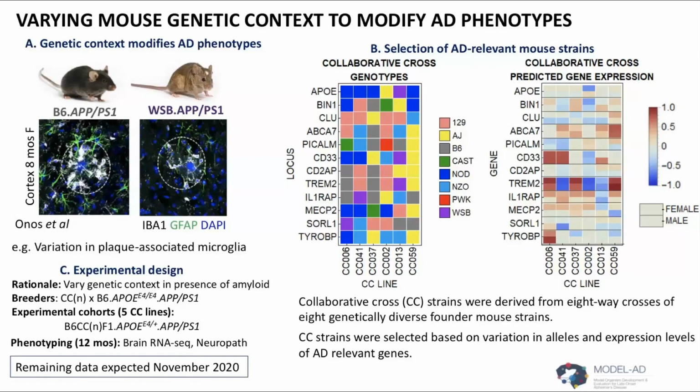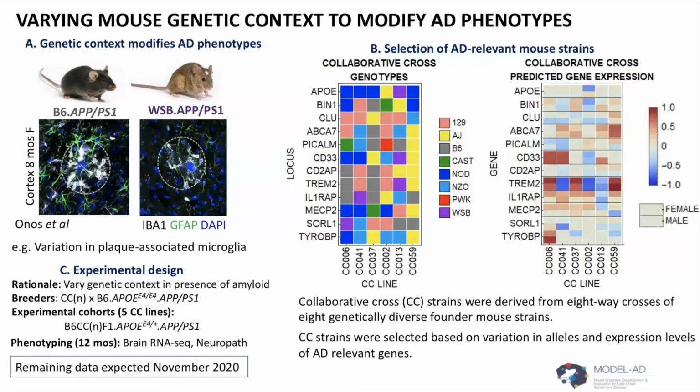For instance, CD33 has high levels in CC6 and 41, but lower levels in CC2. So the hypothesis here is that by varying the transcript levels of LOAD-relevant genes, we may well modulate the phenotypes that we see when we then introduce stronger risk variants.